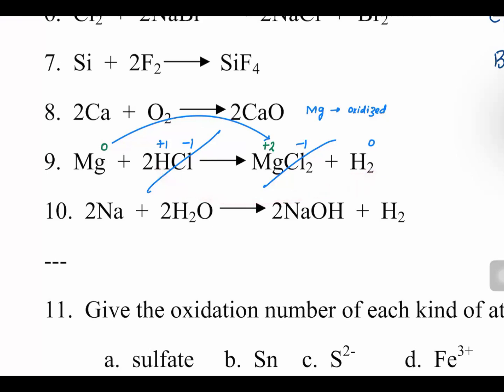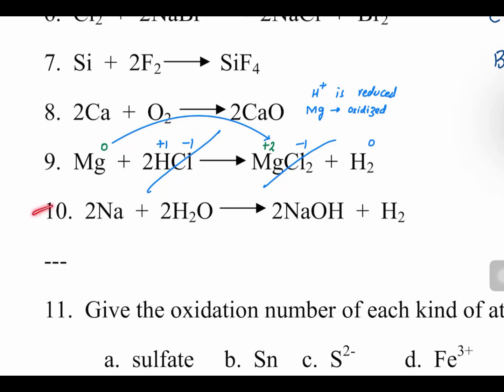Obviously, this is the decrease in charge, and ultimately this is the gain of electron. So I can say that this is reduced. H plus is reduced. Mg is oxidized and H plus is reduced.